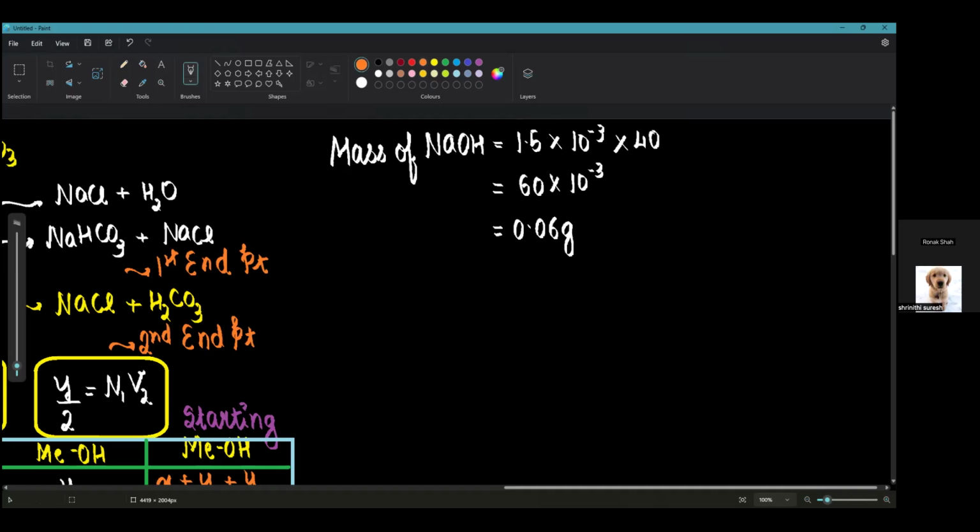This is the mass of NaOH that you are going to get. Very important.